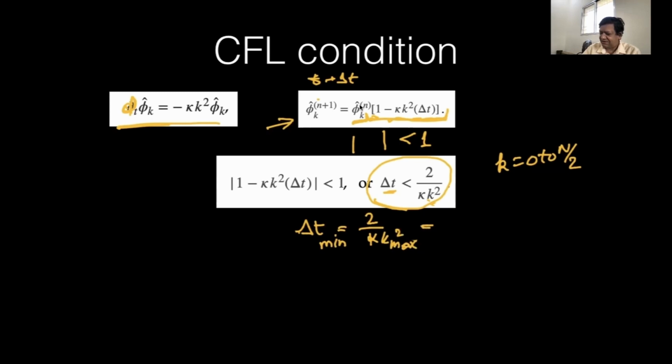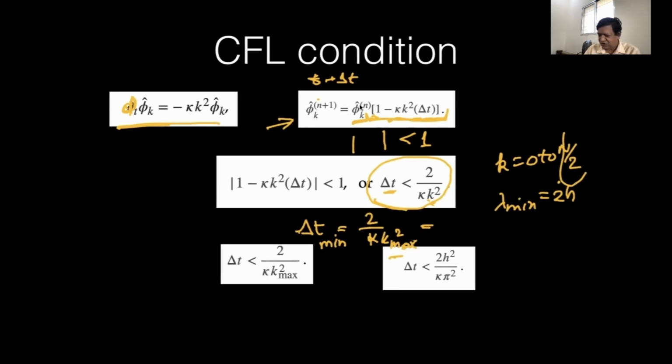And we discussed what k max is: lambda min equals 2h, which gives us an estimate of k max. In fact, you can see from here that k max is n by 2. So that's what I got here in terms of h, if you like, or n. So delta t is 2 h squared by kappa pi squared.